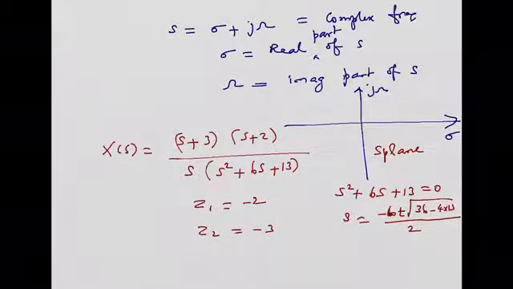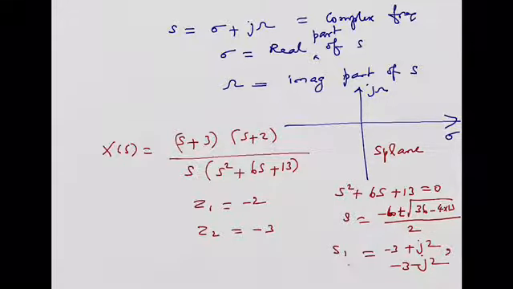So this will be simply minus 3 plus j2, or the other root is minus 3 minus j2. There are two roots available, s1 and s2, since it's a quadratic equation.